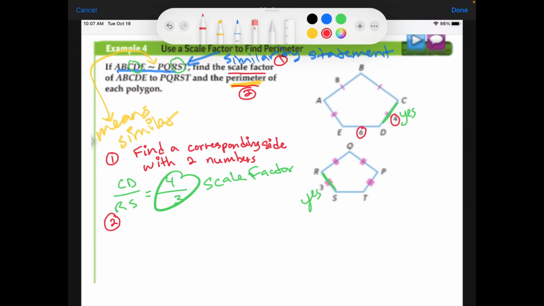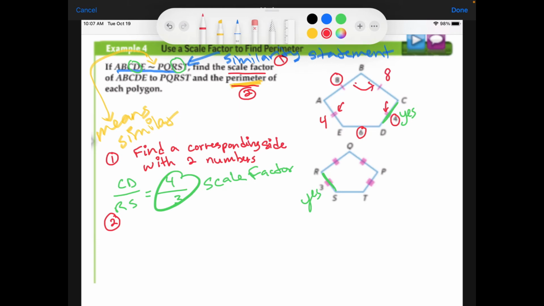They said this was 6. Because this has 2 tick marks, these two would be the same, so this is also 4. Because they gave me the measure of this side 8, this is also going to be 8.